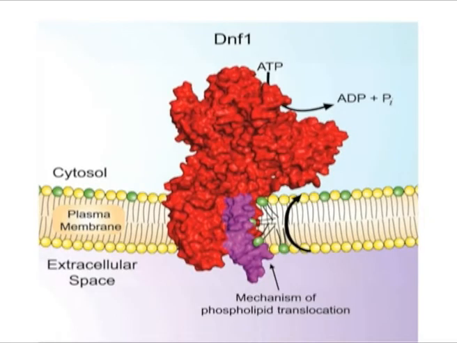The synthesis of these phospholipids and translocation on the cytosolic side of the ER membrane allows the hydrophobic fatty acid chains to remain buried in the membrane, while membrane bound enzymes catalyze their reactions with water soluble precursors, for example, CDP choline in the cytosol.